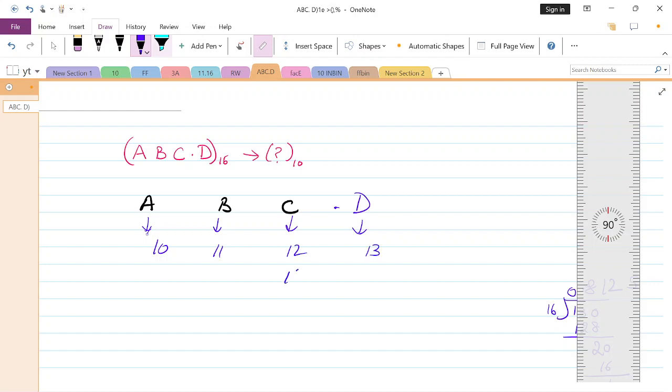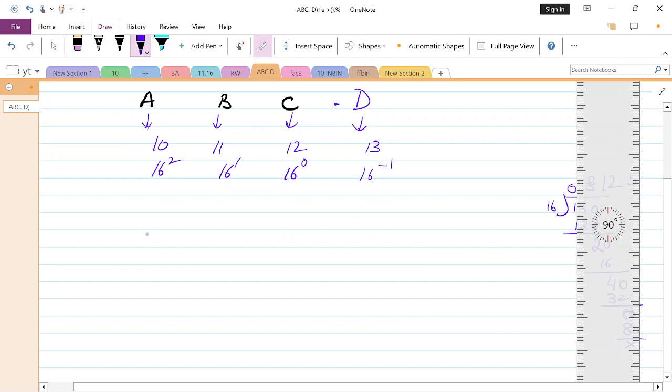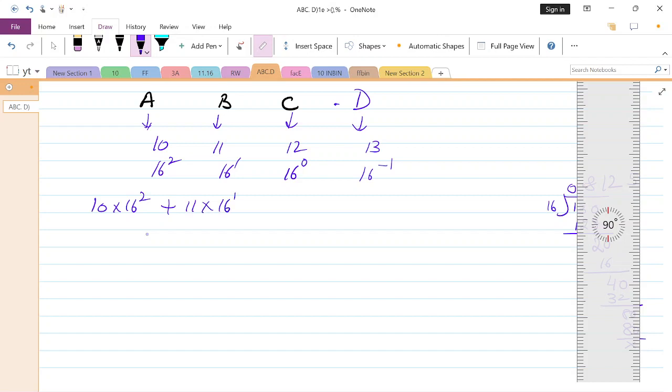What are their powers? 16 to the power of 0, 16 to the power of 1, 16 to the power of 2, and this is 16 to the power of -1. So 10 into 16 to the power of 2, then 11, then this 12, and then this.